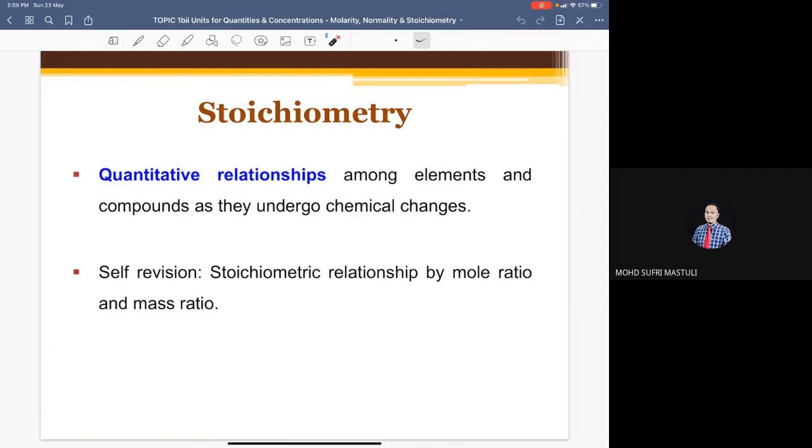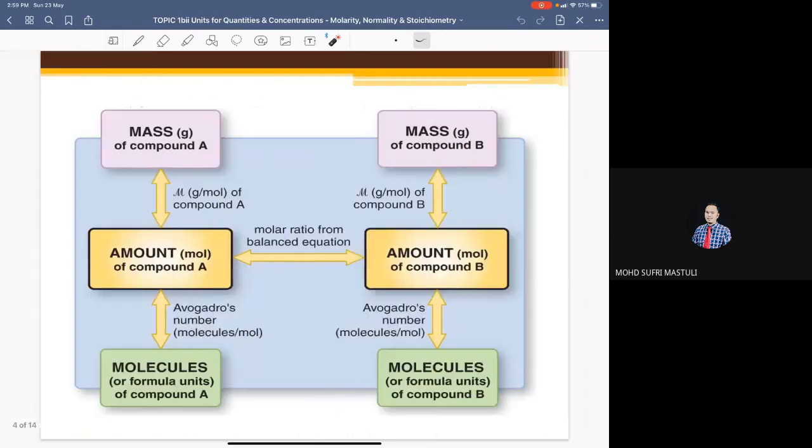Stoichiometry is the quantitative relationship among the elements and compounds as they undergo chemical changes. A stoichiometric relationship can be by mole ratio or by mass ratio.